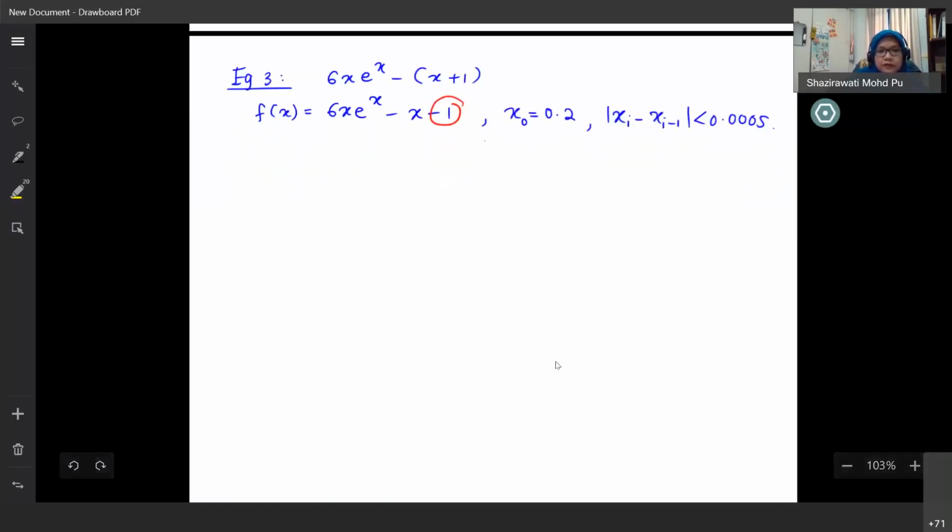Recall the formula for the Newton-Raphson: x_{i+1} equals x_i minus f(x) over f prime. So first of all, what is our f prime? Be careful, you have the term x e^x here, meaning that you need to apply the product rule. Sometimes the mistake comes from here.